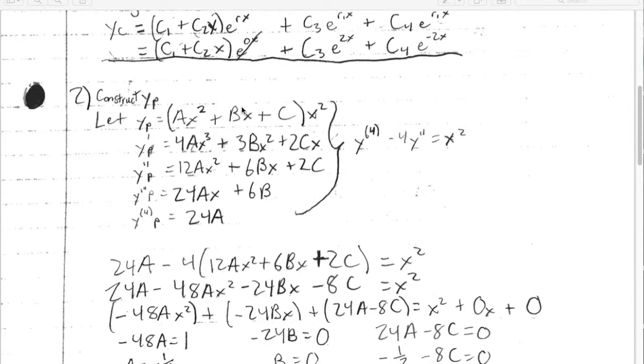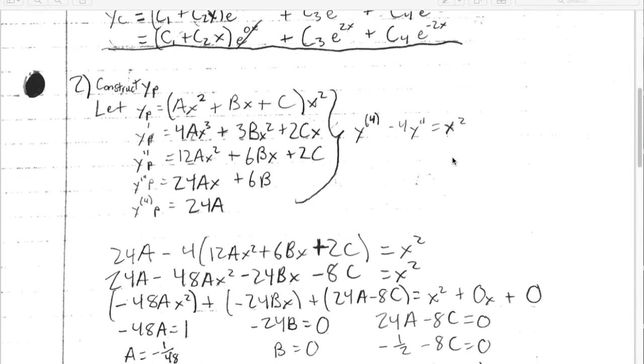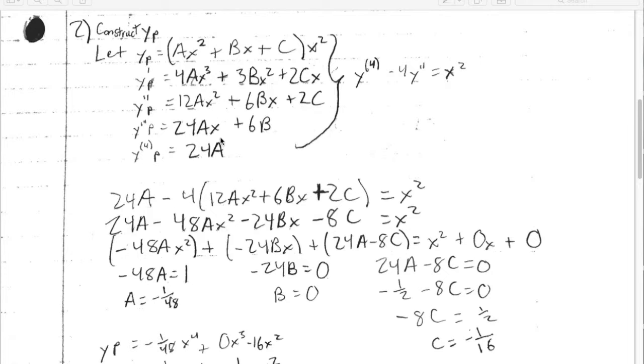So we're going to multiply an x squared times everything in here. We take 4 derivatives, because we need to substitute those values into the initial equation over here. So once we have those derivatives, we'll plug it in.